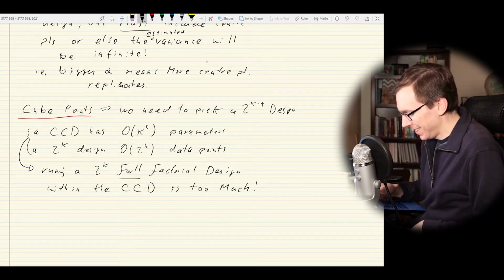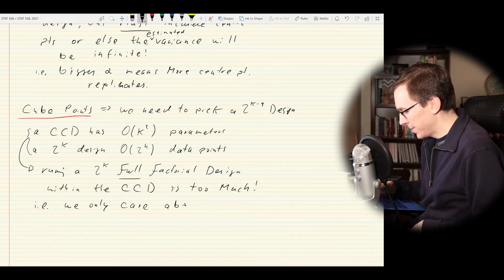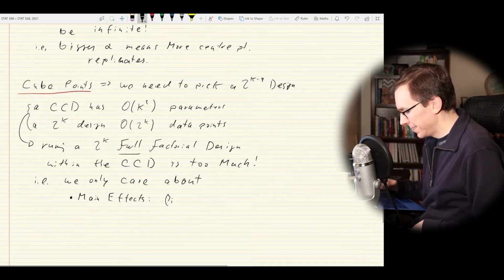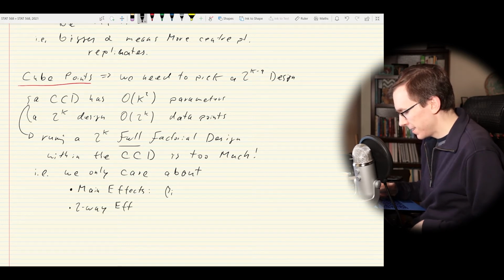More mathematically, i.e., we only care about two things: main effects, which in this case are the beta i, and two-way effects, which are the beta ij.